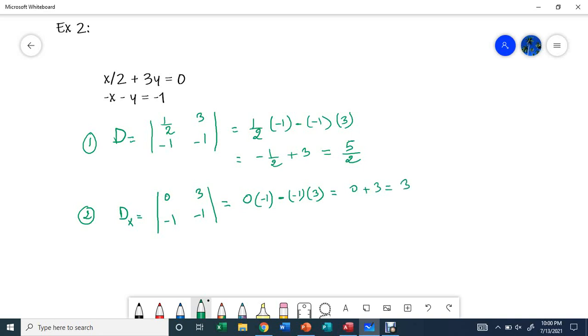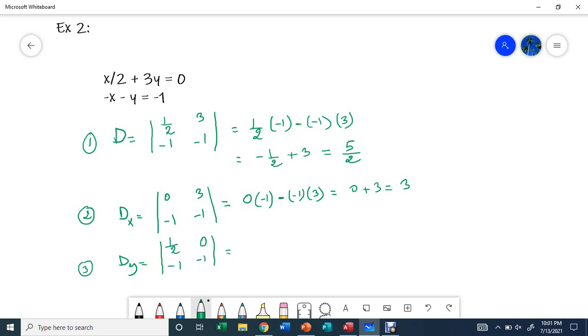And now step 3, finding Dy. So change the coefficients of y with the constants, but nothing changes on the x side, so 1/2 and negative 1. So here will be 0 and negative 1.